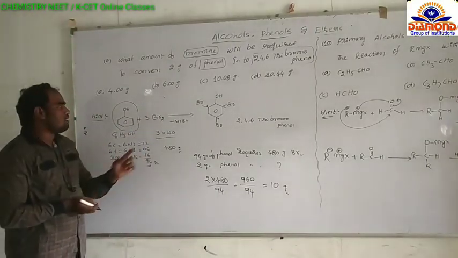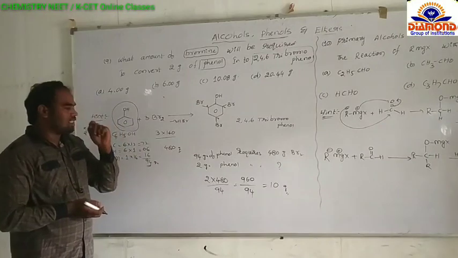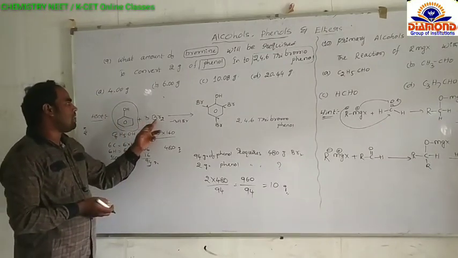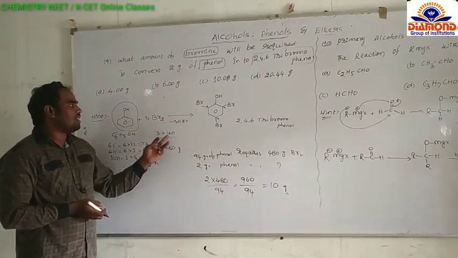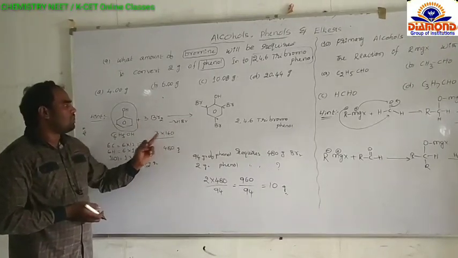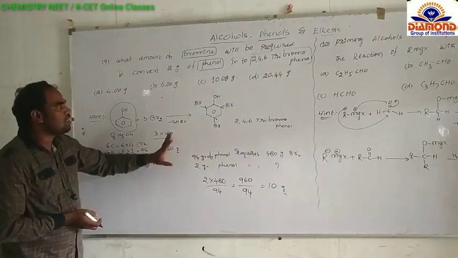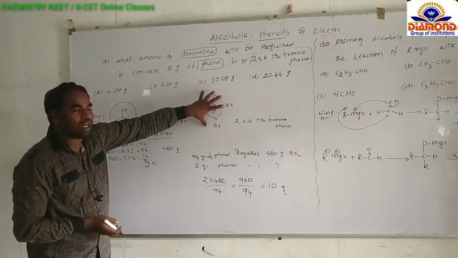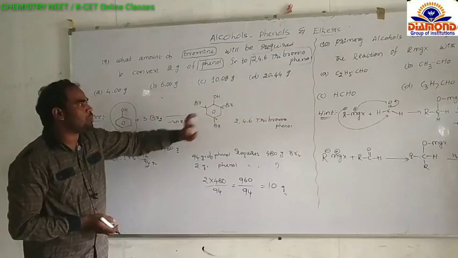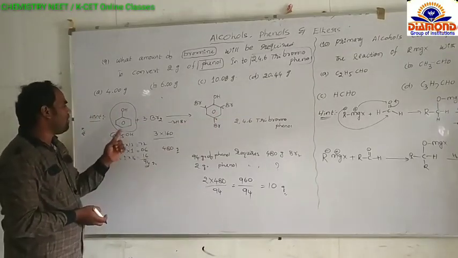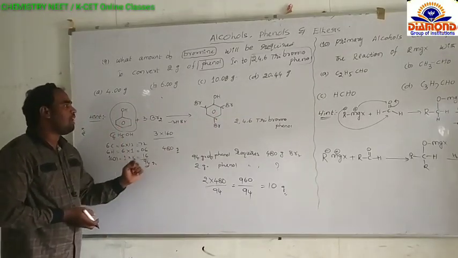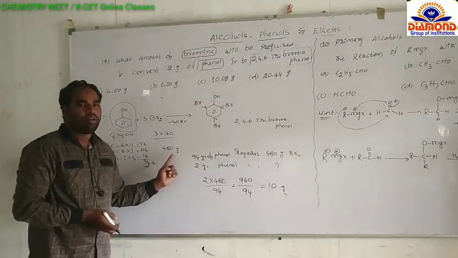Next, the bromine atomic weight is 80. So here 3 Br2 molecules, each Br2 is 160, so 3 into 160, totally 480 grams. That means to produce 2,4,6 tribromophenol, we require 94 grams of phenol and 480 grams of bromine.